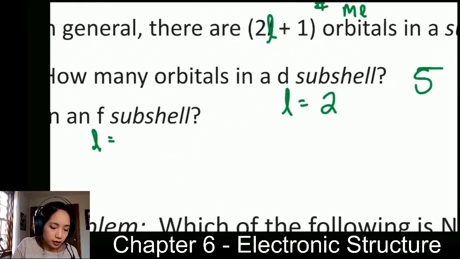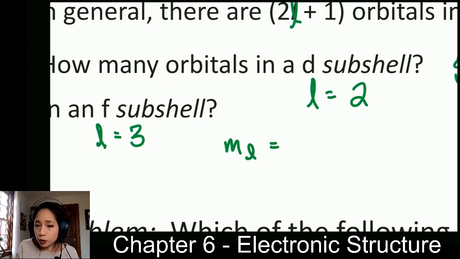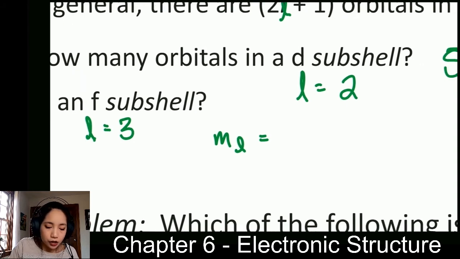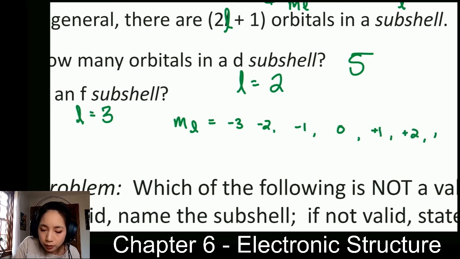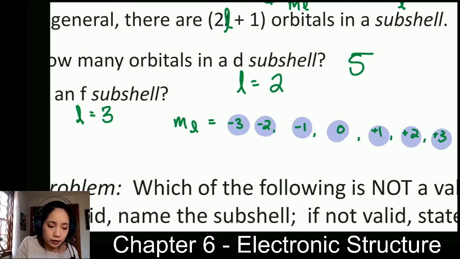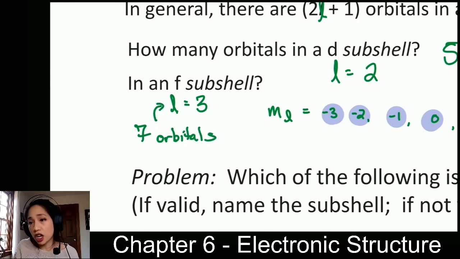If we wanted to write out all the possible magnetic quantum number values, it's plus or minus all the integers between minus L and plus L. So our possible magnetic quantum numbers are negative 3, negative 2, negative 1, 0, plus 1, plus 2, plus 3. In total, that is 1, 2, 3, 4, 5, 6, 7. So there are 7 orbitals within an F subshell, or L equals 3.